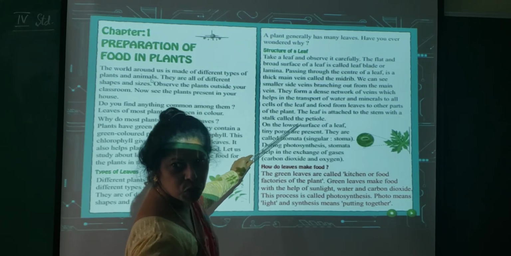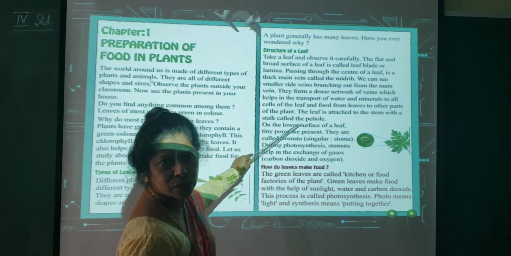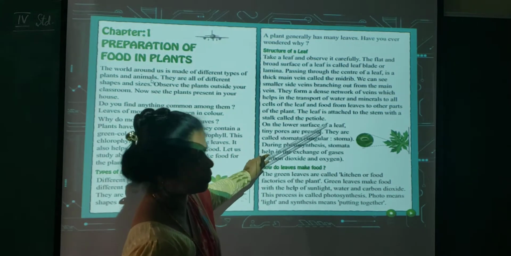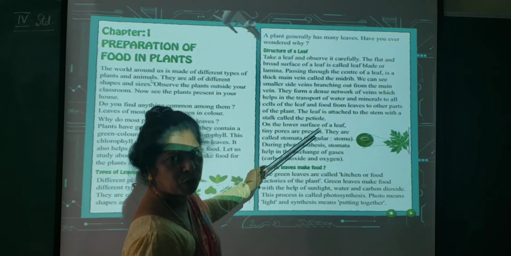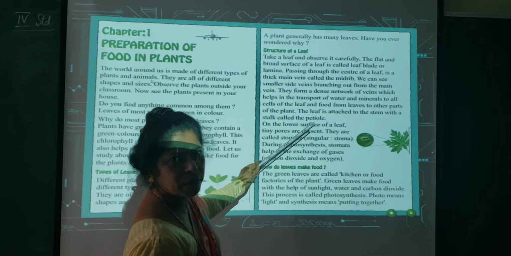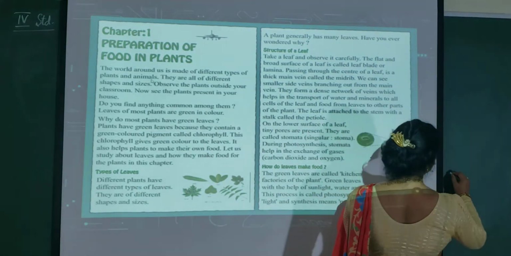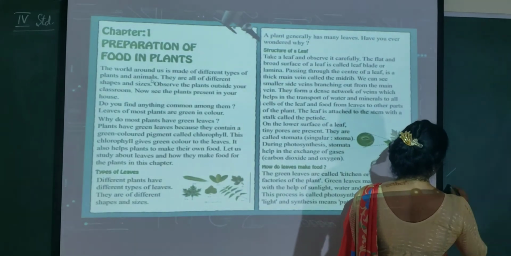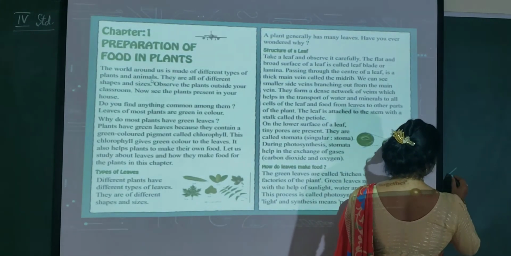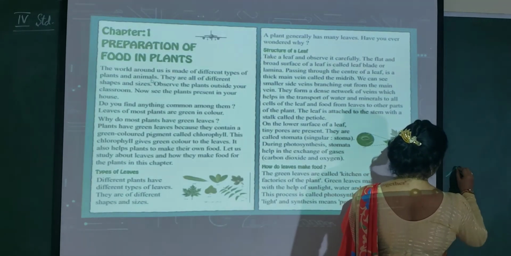So I will just draw the diagram and show you. Roughly I will just do it, okay? And then I will be showing a video of the structure of the leaf. Now let me draw it now. See, this is a stalk, or what you call the petiole, which connects this leaf to the stem part.